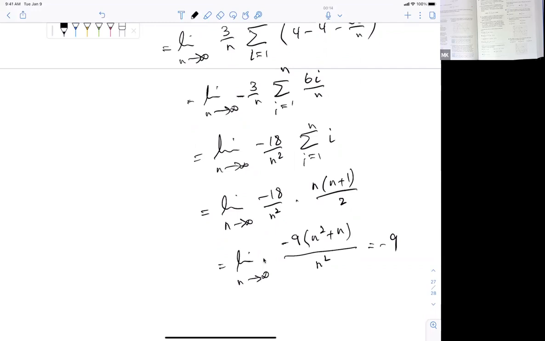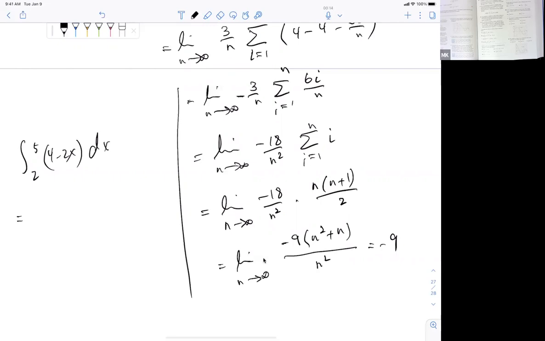Now, if I use the method that I will learn in a future section, the integral from 2 to 5 of 4 minus 2x, which you should not do for this problem, because they're asking you to do it using the Riemann sum method. But since I have that tool, I can check my answer. The antiderivative of 4 minus 2x is 4x minus x squared from 2 to 5.